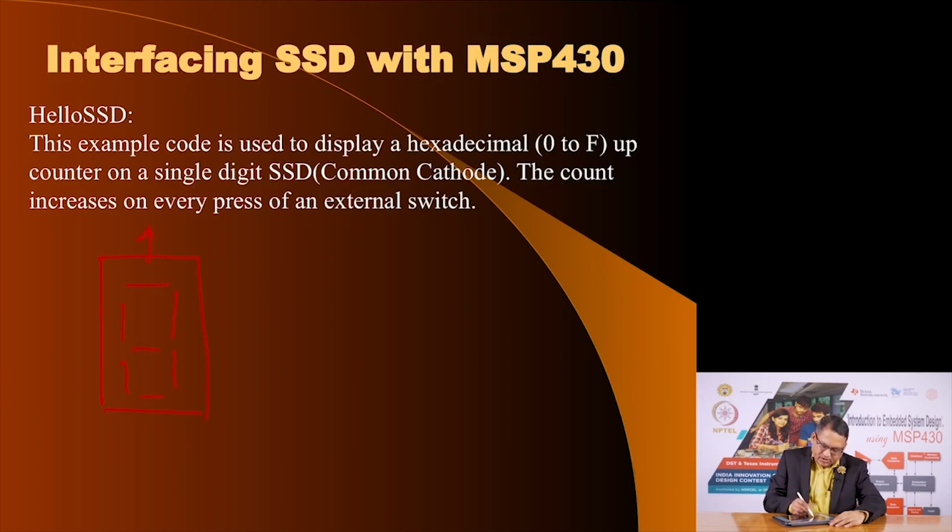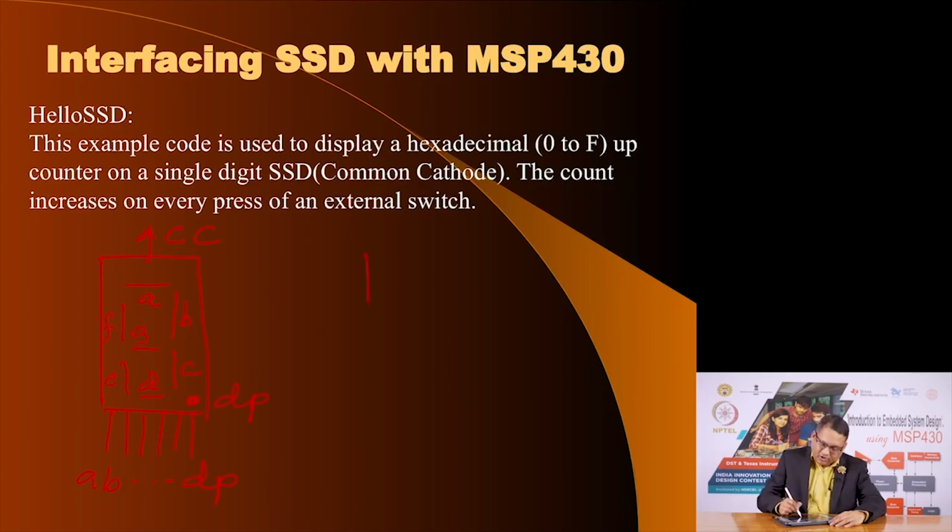This will be common cathode, and then you would have the 8 segment pins A, B up to DP, and this is A, B, C, D, E, F, G, and here you have DP.